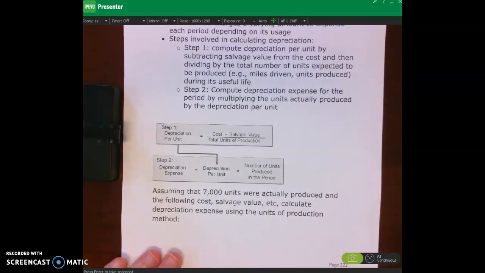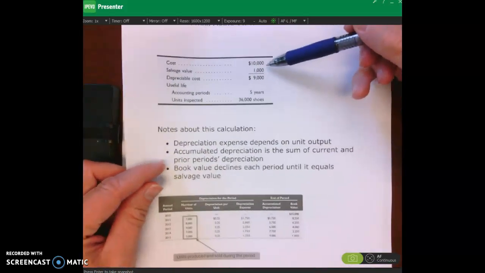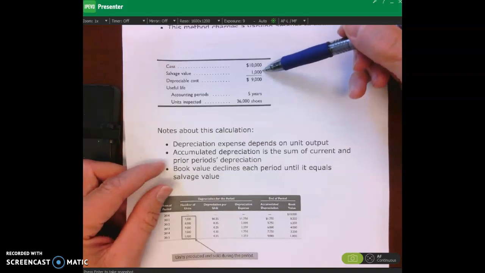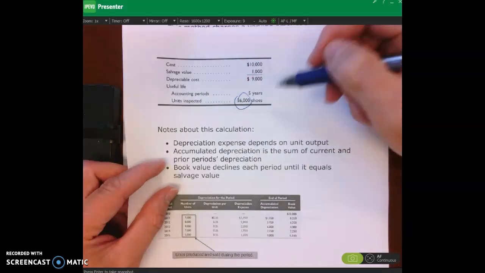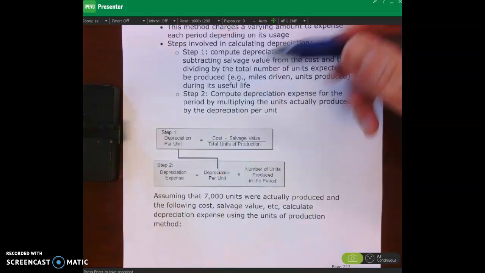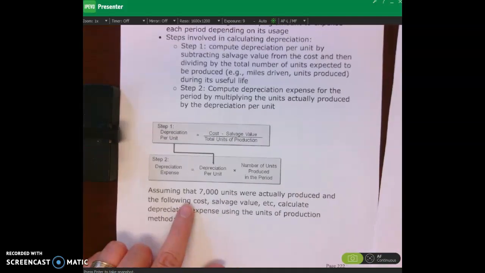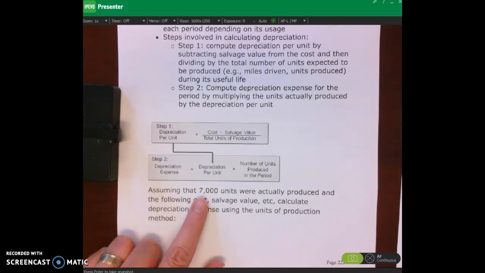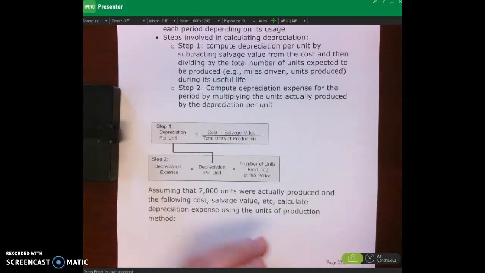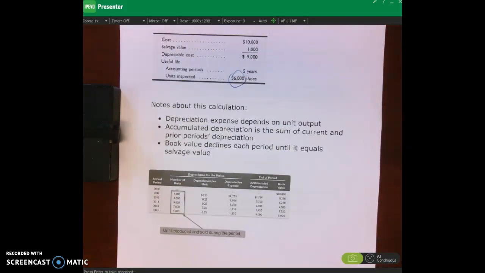So let's look at our example here. We're dealing with the same working example where we have our asset cost of 10,000, salvage value of 1,000, accounting period of 5 years, and then this is the number of units inspected. So 36,000 shoes, that corresponds to the total units of production. But then we say over here, assume that 7,000 shoes were actually produced, or 7,000 units were actually produced, and that we had the same exact depreciation assumptions.